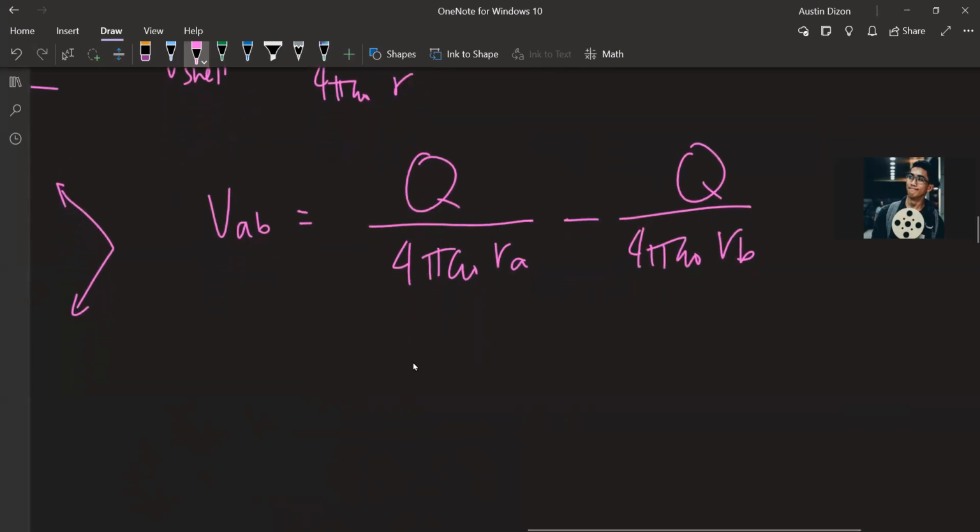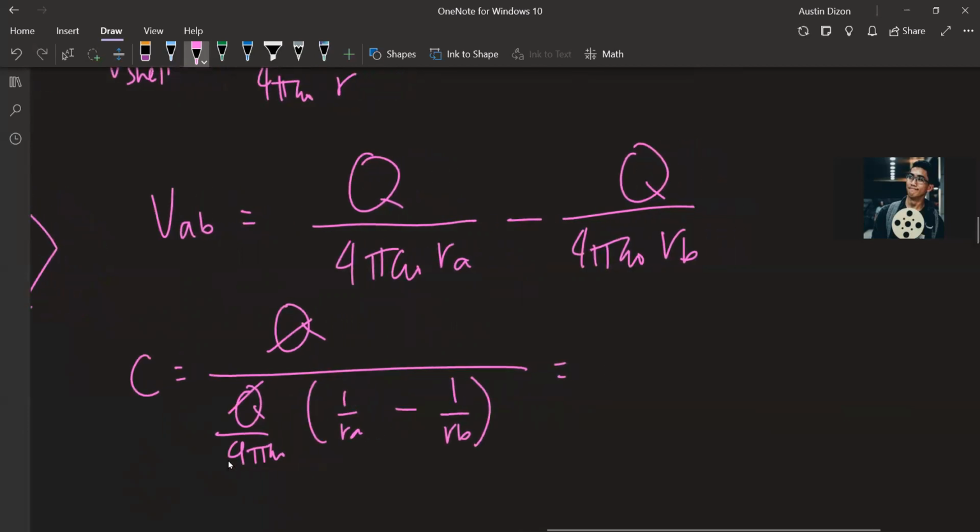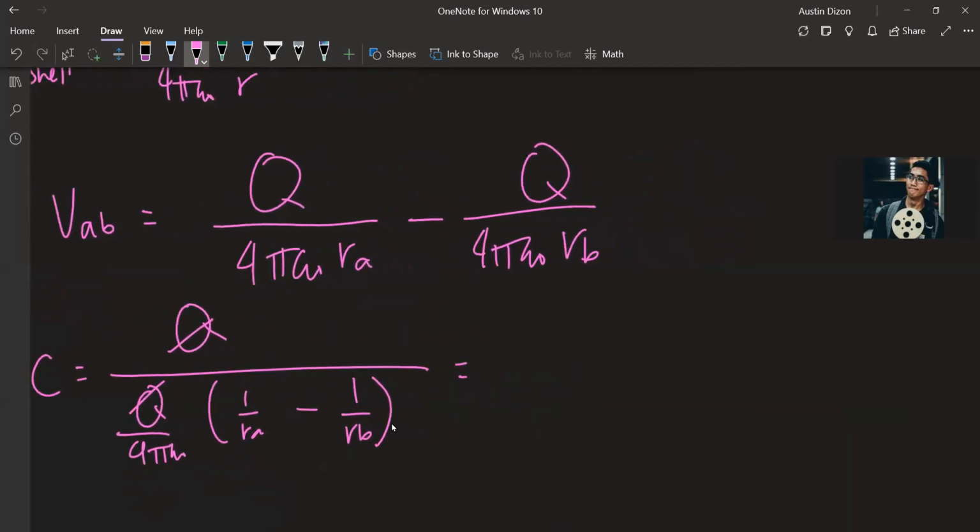Therefore, the capacitance is simply Q divided by this potential, Q over 4 pi epsilon naught times 1 over RA minus 1 over RB. Pinactor out ko lang yung Q over 4 pi epsilon naught. Then, Q cancels out. I'm left with, flip over sa taas, 4 pi epsilon naught.